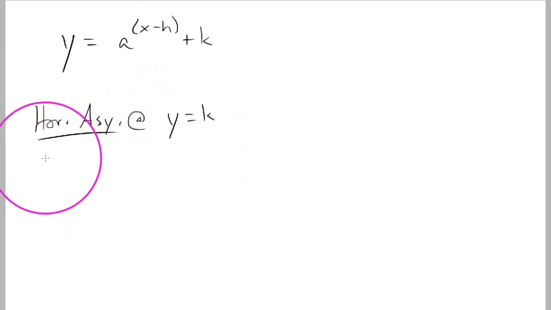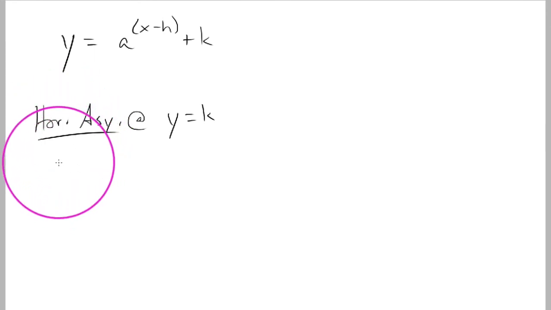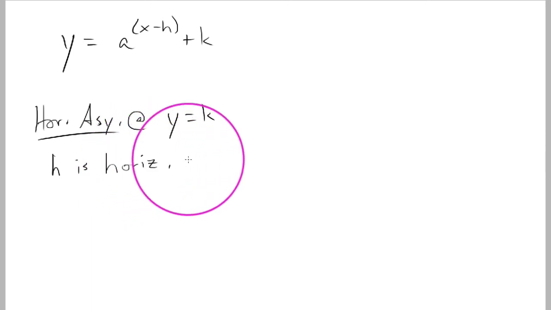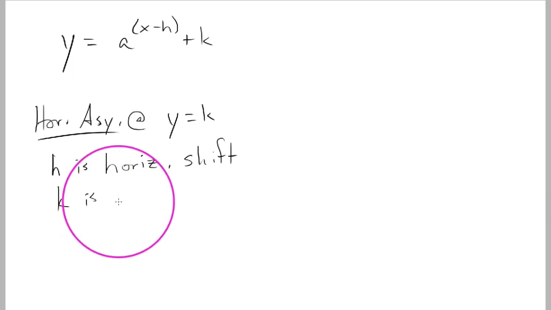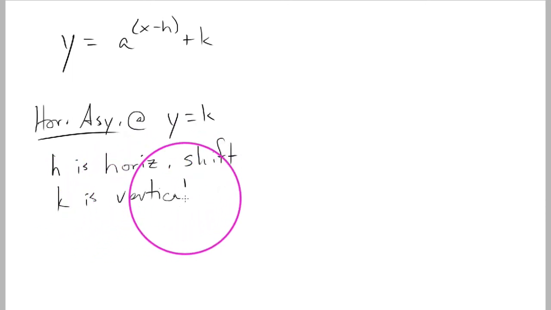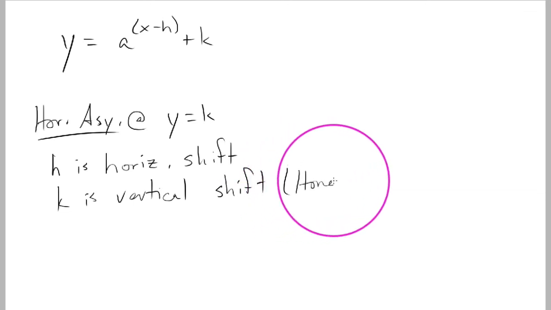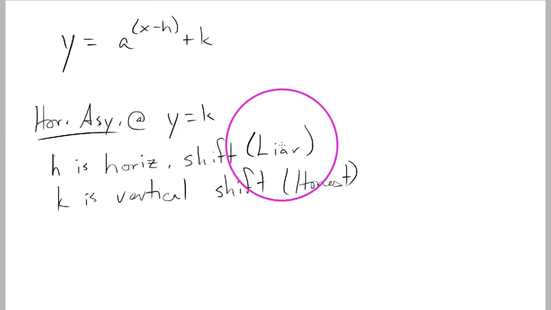Okay, so we'd say h is horizontal shift, k is vertical shift. And we said, remember, k is honest, and h is not honest, it's dishonest. Okay, cheers.